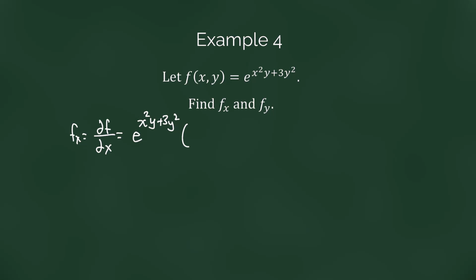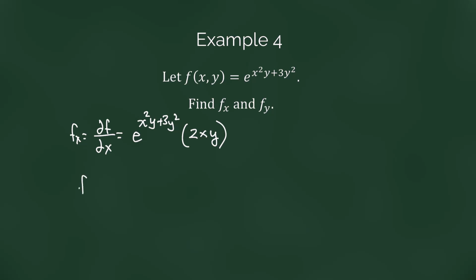And we're going to get the derivative of x squared y with respect to x is 2xy, because the y acts as a constant, so it stays in there to multiply. And then the derivative of 3y squared with respect to x is 0, because y is acting like a constant. So we just get that expression e to the x squared y plus 3y squared times 2xy.